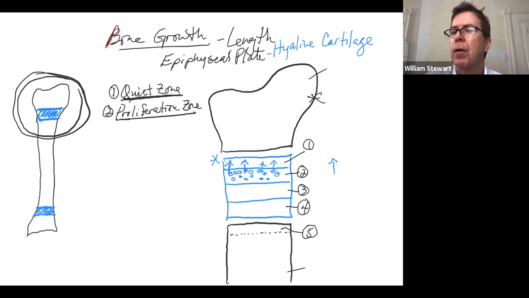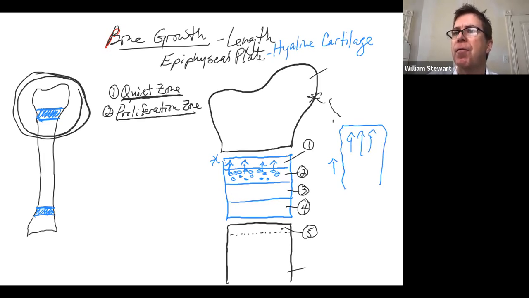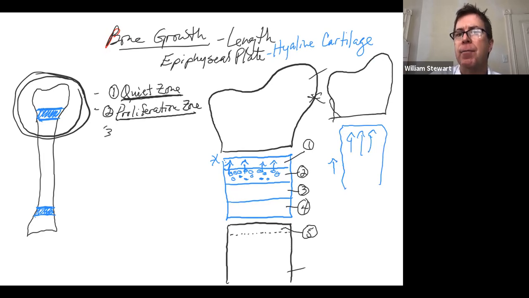So we get the cartilage plate growing in this direction, and the bone cap, the epiphysis, just keeps getting pushed up further and further, like this. That's because of this and this. Number 3 is called the hypertrophic zone.